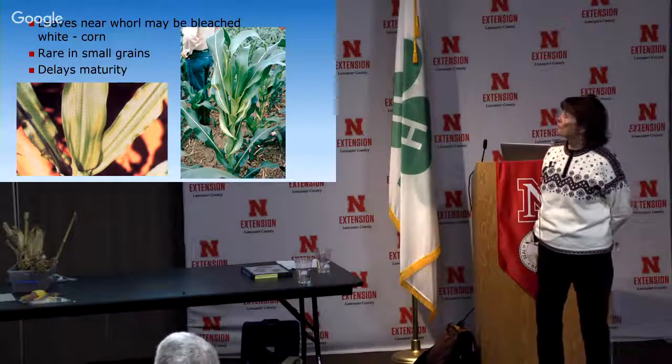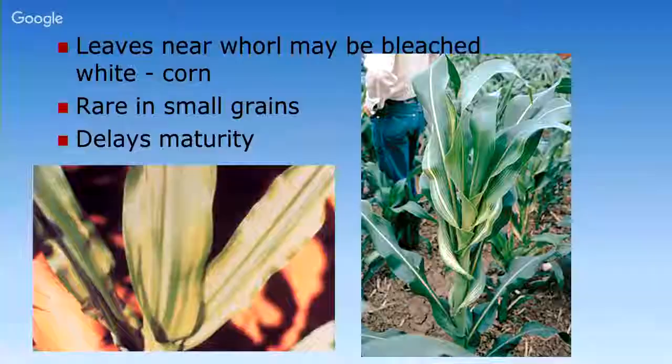This is rare in the small grains, but we've seen it in corn, other places. Leaves near the whorl, right at the top of the whorl, and obviously these are younger plants, they start looking white. If you get zinc deficiency later in the growing season and you can't see it, what you'll see is it will delay the maturity of the crop.